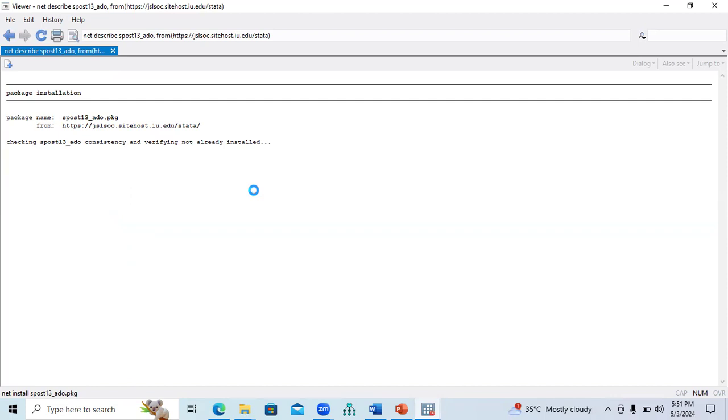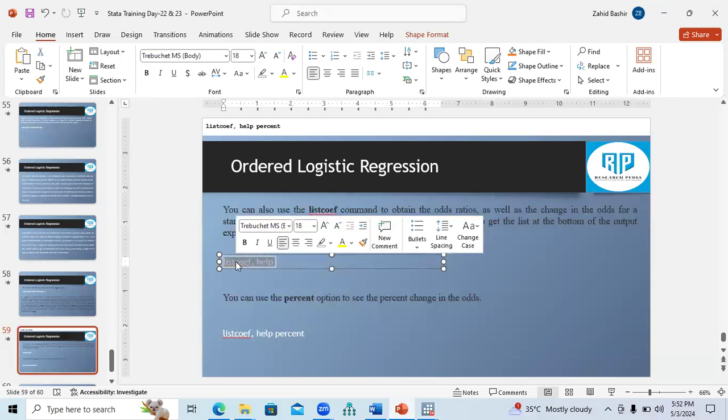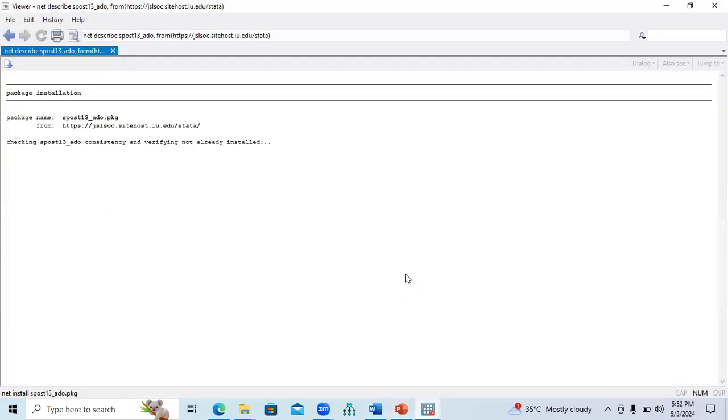Just wait for a couple of seconds. Whenever it is installed, we can use it. It's taking some time, and we need to wait for a couple of seconds more.